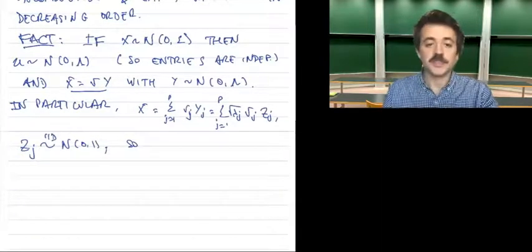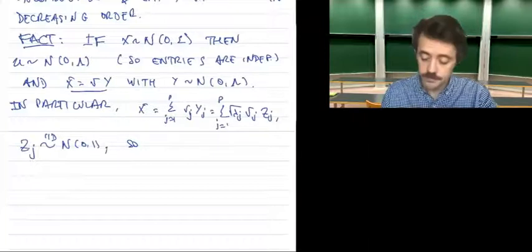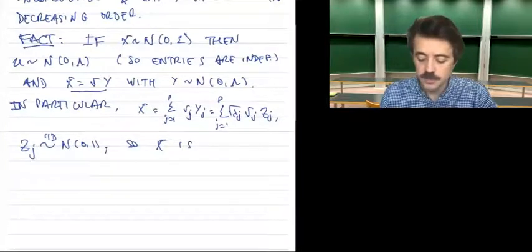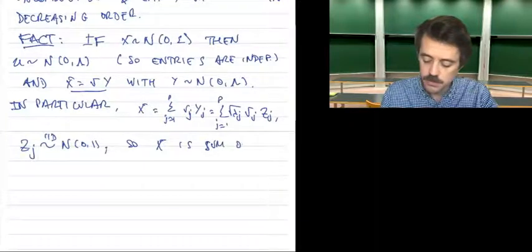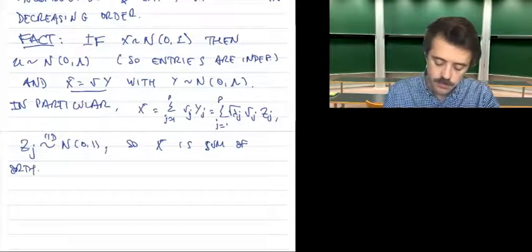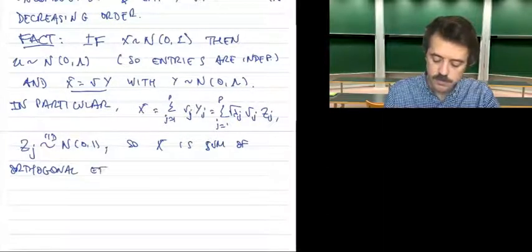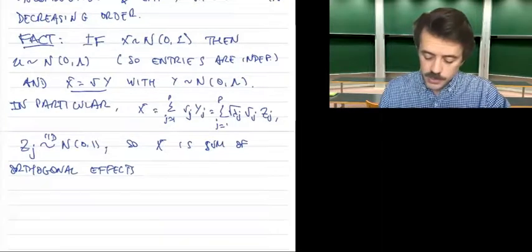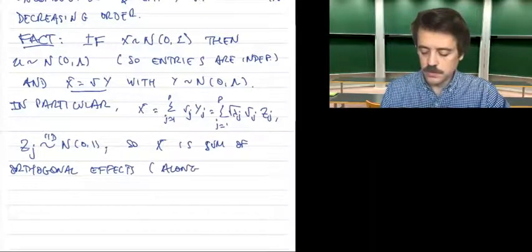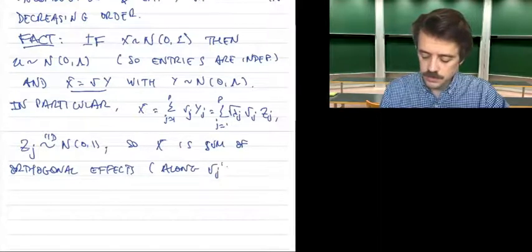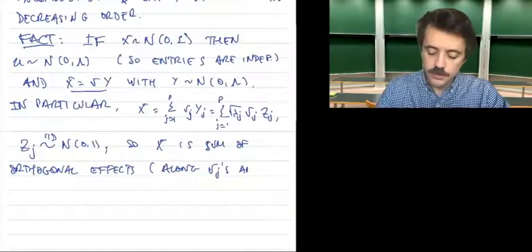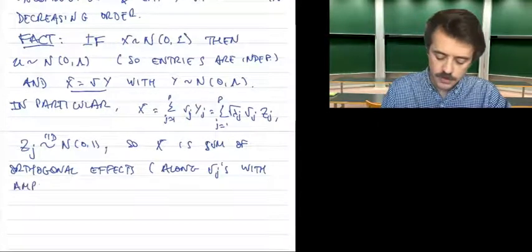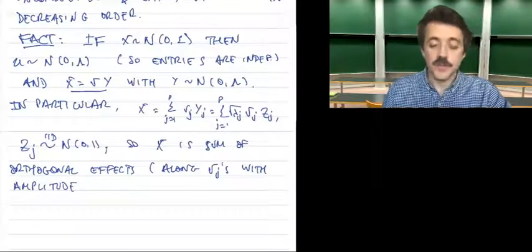So what do we conclude from this representation of the X's? Well, X is going to be the sum of the orthogonal effects, in some sense, along the Vj's, with amplitude, if you like, with amplitude square root of lambda j.